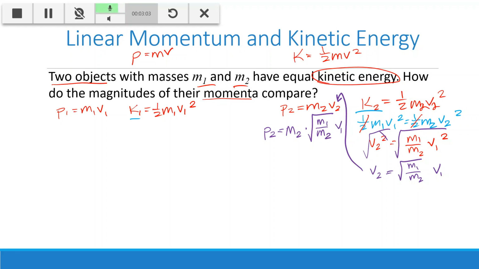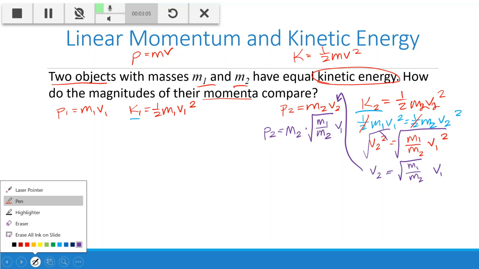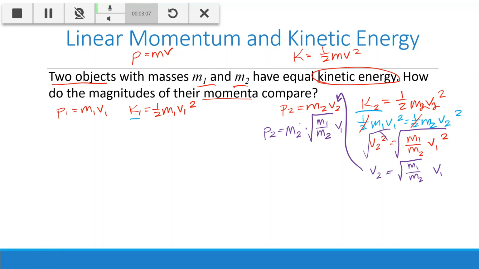I don't like having m2 in two different locations. So one of my favorite little tricks is I can square and then take the square root of that m2, and that allows me to combine the square roots. So I get that p2 is going to be the square root of m1 times m2 squared over m2, times v1.